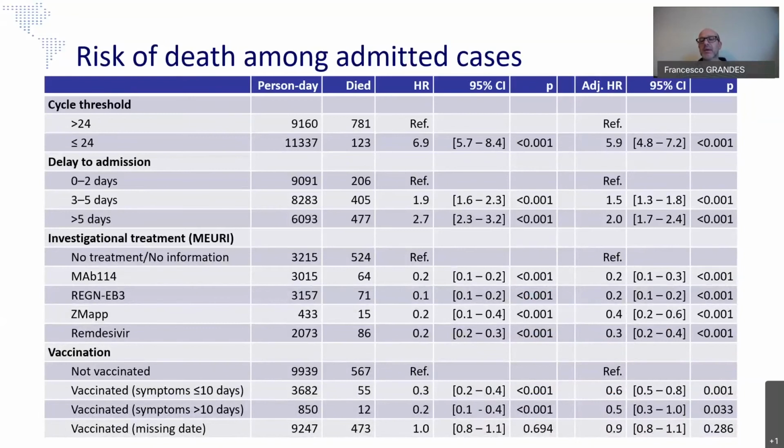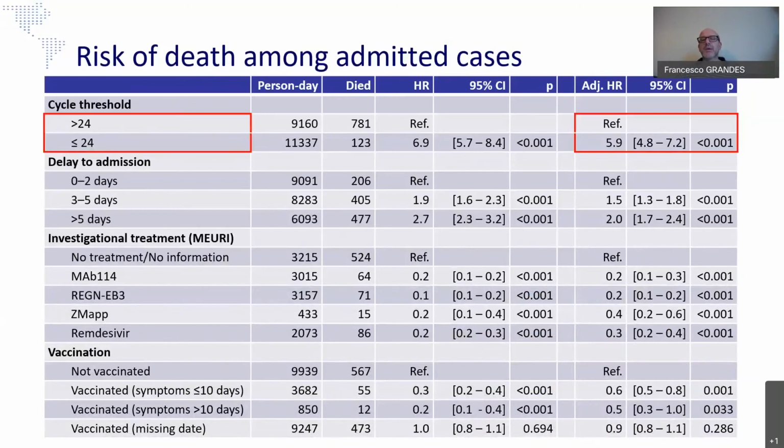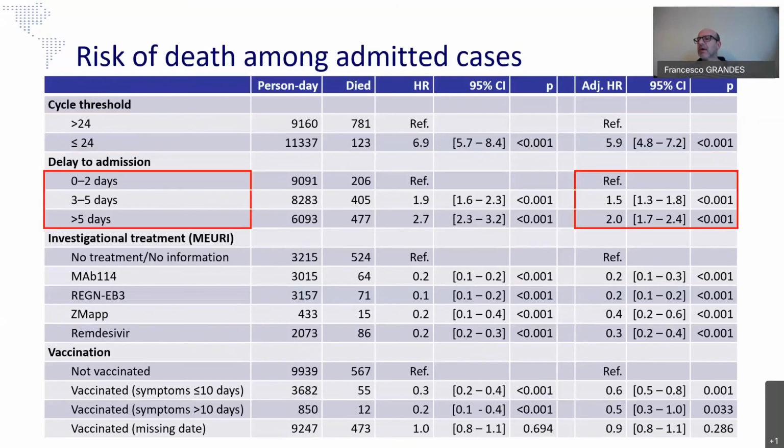The strongest factor for risk of death remained a low cycle threshold with an adjusted odds ratio of almost 6. A longer delay from symptom onset to admission was also associated with a higher risk of dying. Risk of death was 2 times higher at more than 5 days delay.